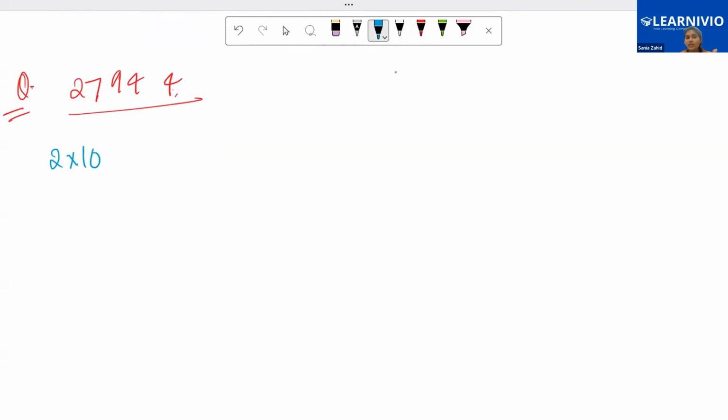How many digits are there after 2? 1, 2, 3, 4, 5. So 2 into 10 to the power 5, plus 7 into 10 to the power what?